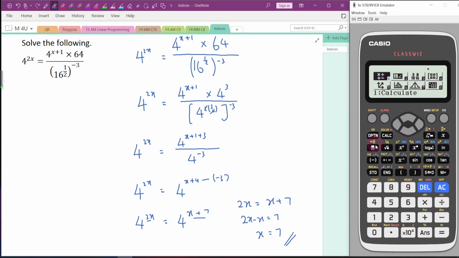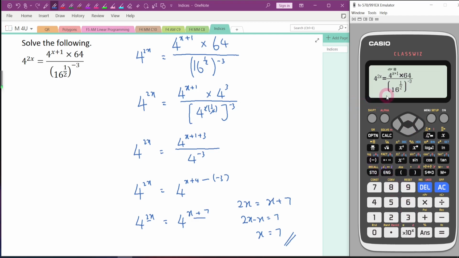Let me key in again. 4 power 2x equal 4 power x plus 1 times 64 and then parentheses 16 power 1 over 2, power negative 3.